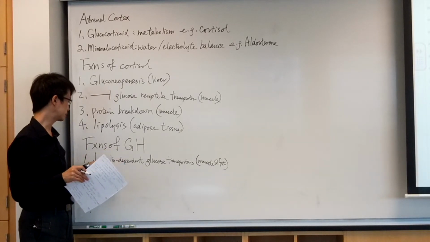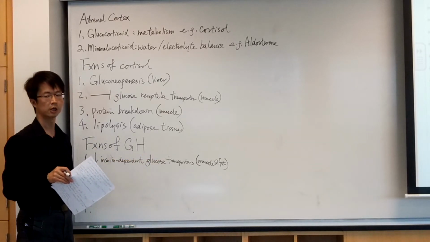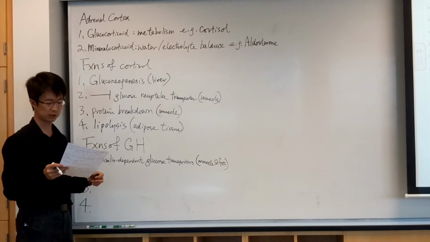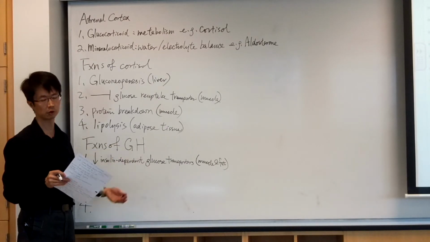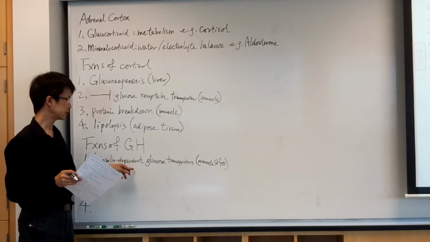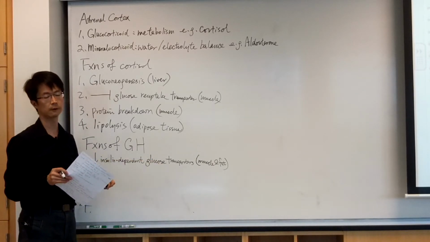And the growth hormone will decrease the activity, will decrease the expression of this transporter, meaning that it will have a so-called glucose-sparing effect. You will have more glucose in the blood. So the growth hormone causes more glucose in the blood by decreasing the expression of this type of transporter.